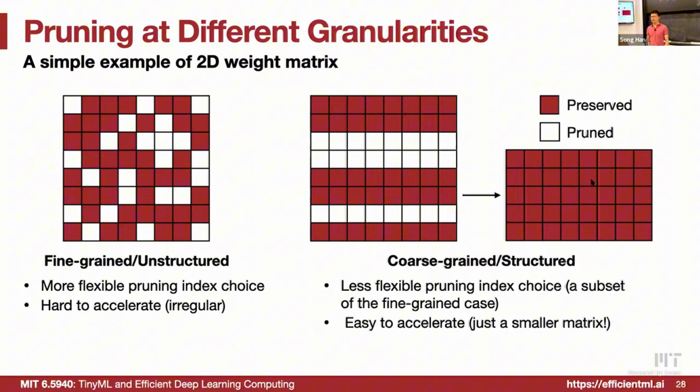So the good thing is it's easy to accelerate. It's very structured, very regular. You can just apply the dense matrix kernels, but you can imagine this is less flexible. If you prune, the whole row has to be pruned, or the whole column has to be pruned, and the pruning ratio is much less compared with the previous example, the fine-grained pruning example.